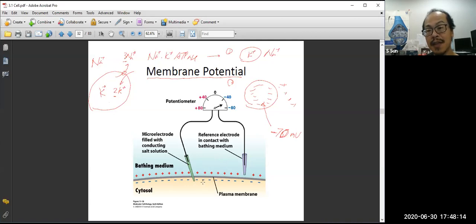The inside of a cell is negative compared to outside, usually around 70 millivolts. It depends on the cells, but it's always negative. In all cells we will see that negative voltage compared to outside, and that all comes from this sodium-potassium pump.